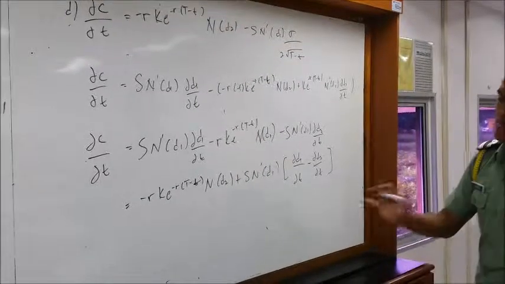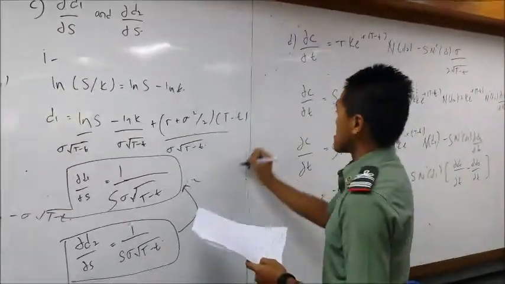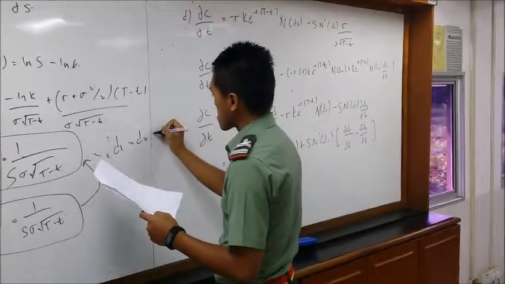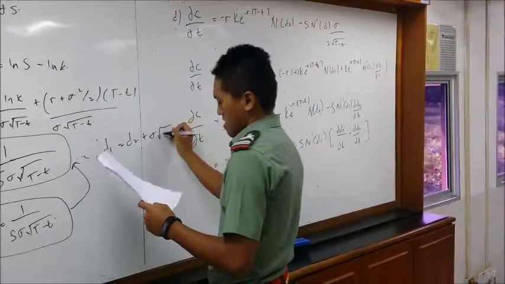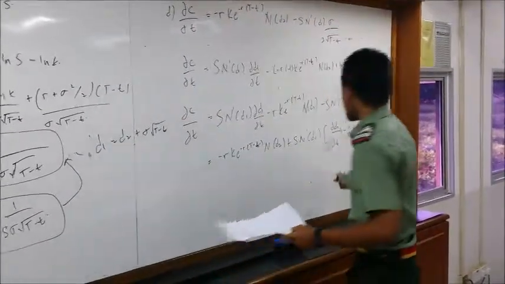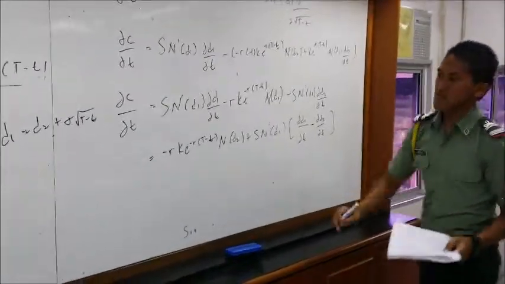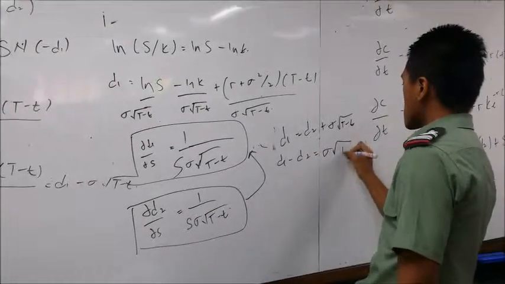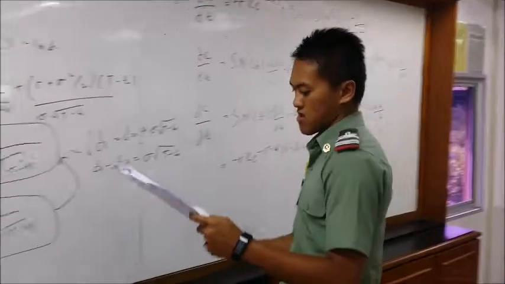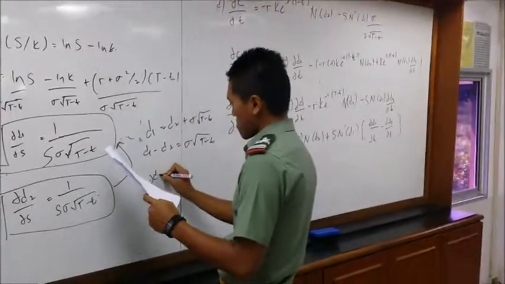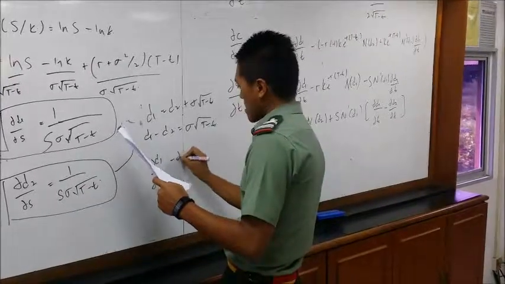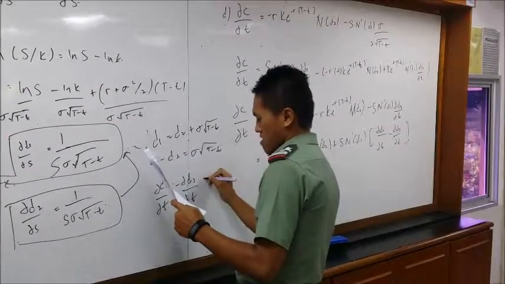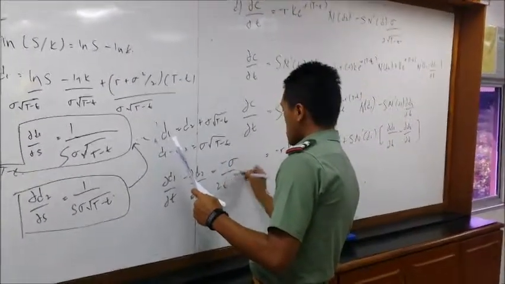From question B we have also proved that the relation between d1 and d2 is d1 equals d2 plus σ√(T−t). So for ∂d1/∂t minus ∂d2/∂t, just use d1 minus d2 equals σ√(T−t). Differentiate with respect to t, and then we get ∂d1/∂t minus ∂d2/∂t equal to σ over 2√(T−t).